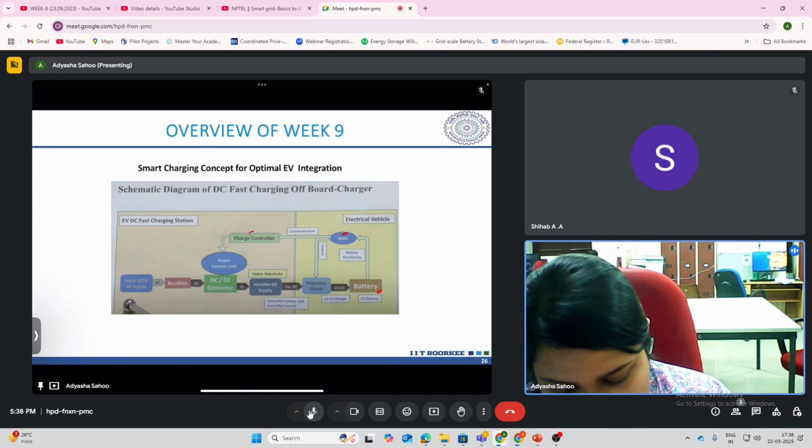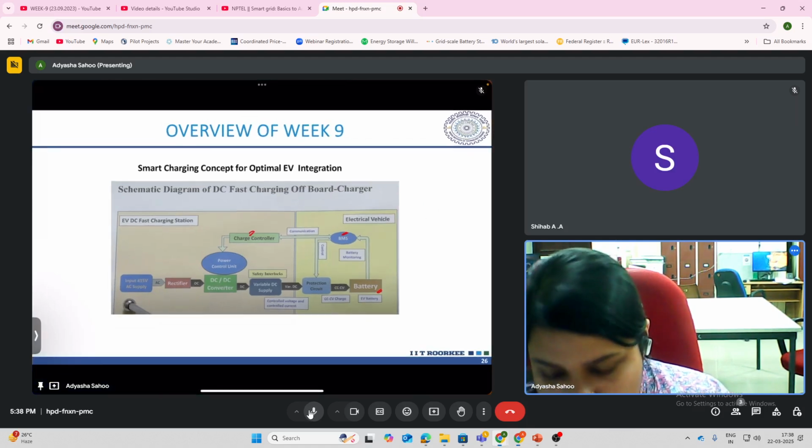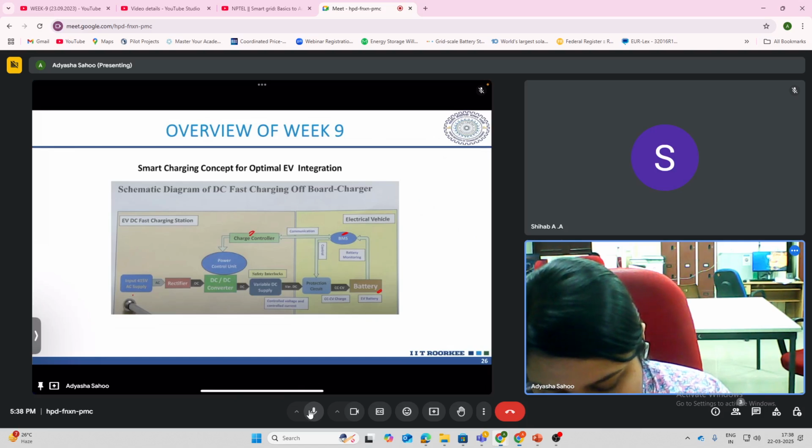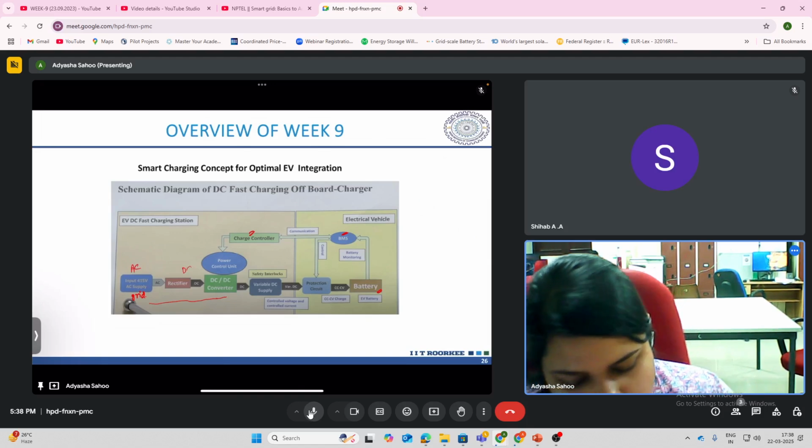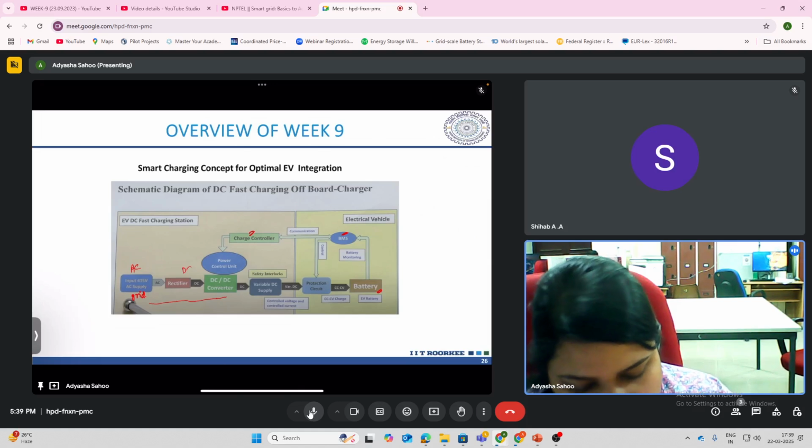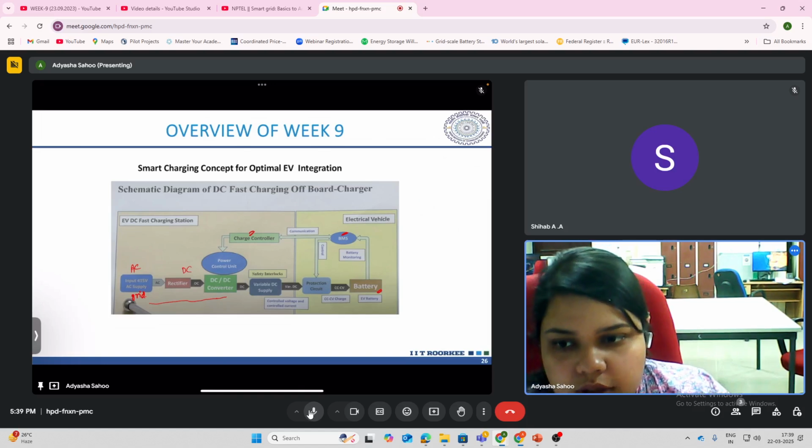And here this is your grid which is used to charge, and this is the AC to DC conversion, where you are using AC voltage. This is converted here to DC, and then you are using various protection circuits to charge this battery by communicating through the charge controller and the battery management system.